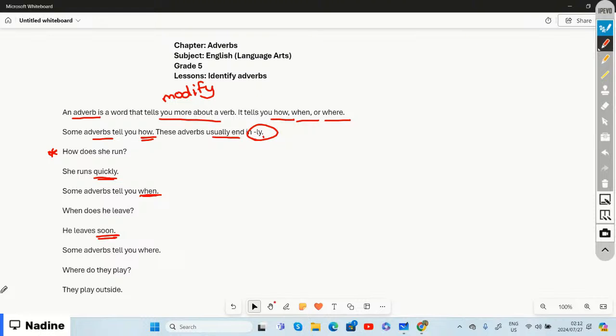And then we have adverbs, right? That tell us where. And if we were to look at the sentence, right, or the words or something that tells us where, right? The question is, where do they play? Where do they play?